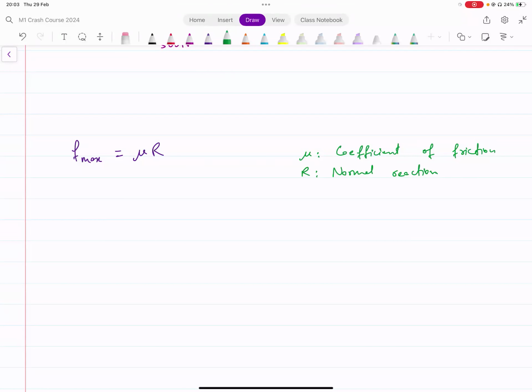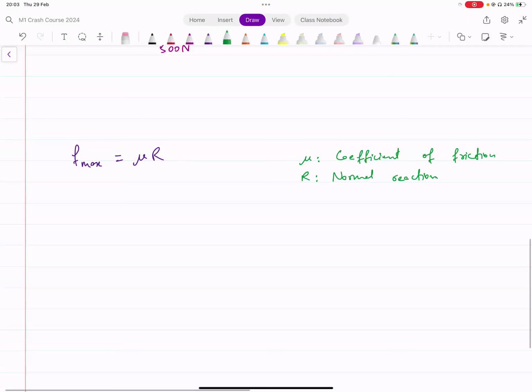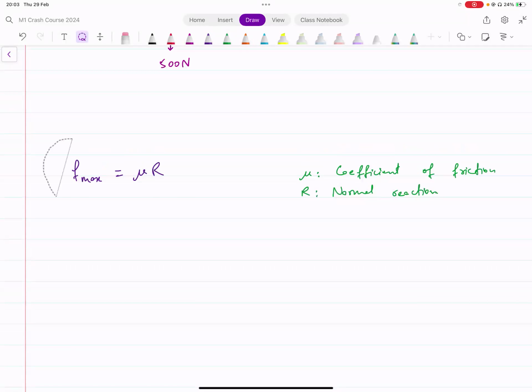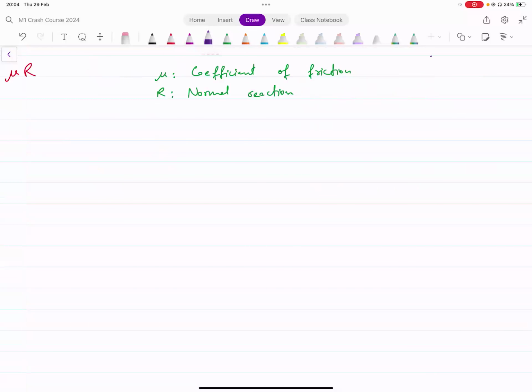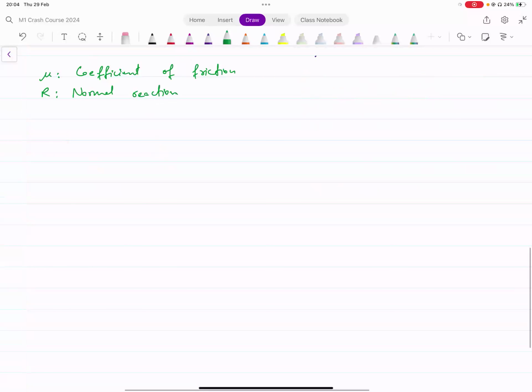Okay. Now let's try to understand why that is the case. This is how you would find the maximum value of friction, but why these two things? Now, mu is kind of obvious, because this value of mu is something that quantifies the roughness of the surface.